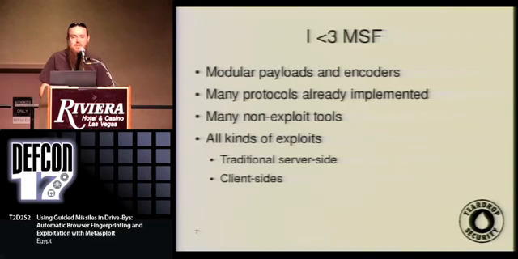I love Metasploit. It's part of the reason I started submitting patches, part of the reason I wanted to make it better is because I know how awesome it can be. One of the biggest advantages to having a framework like Metasploit is that all of the payloads and encoders are modular. So you can write an exploit and then use any of these other payloads that are already available.